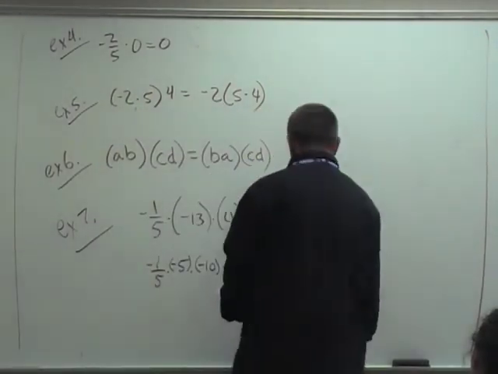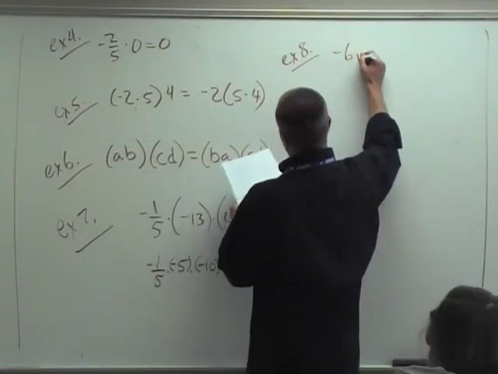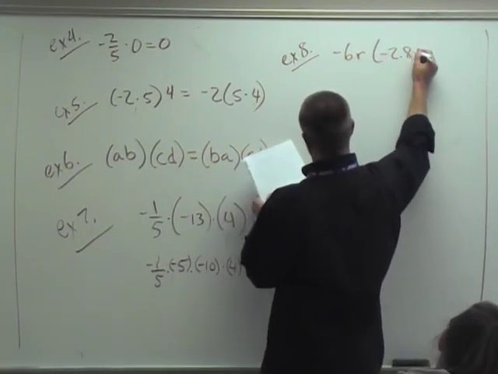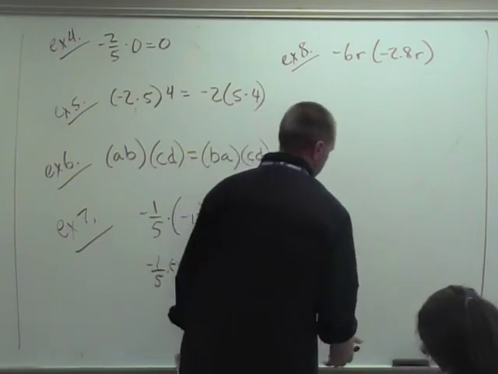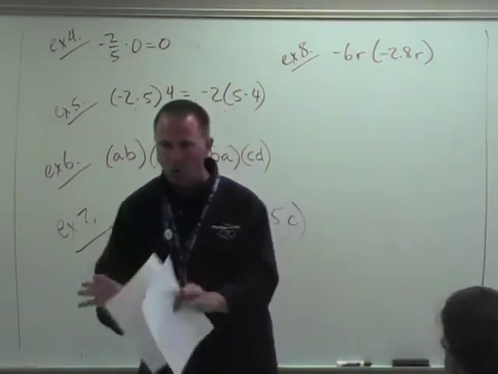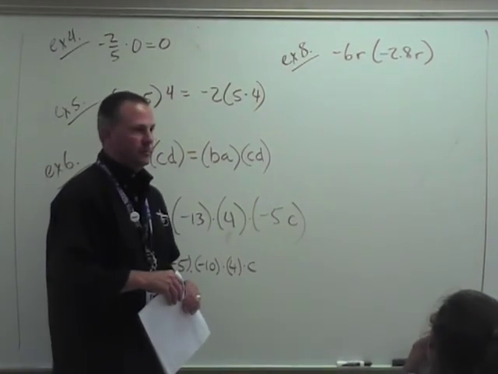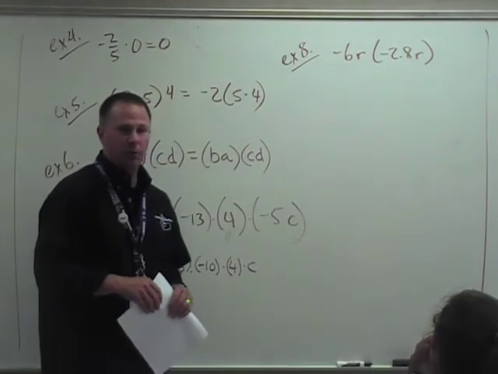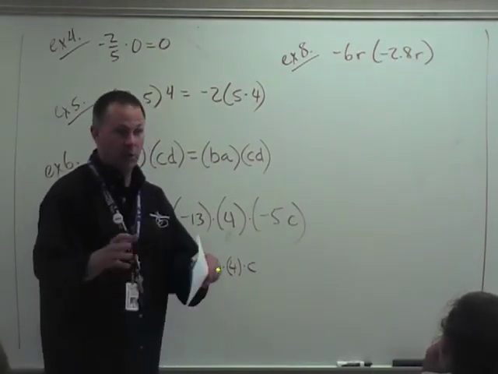All right. Last one, example 8. -6r times -2.8r. Now, I know what you're doing. Everybody's taking -6 times -2.8, right? And taking r times r?